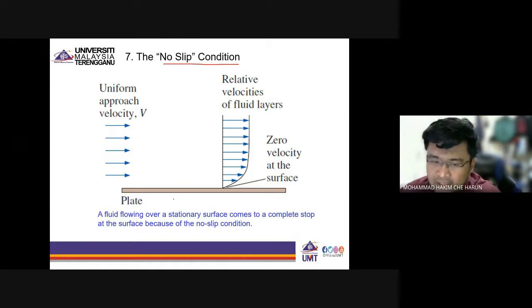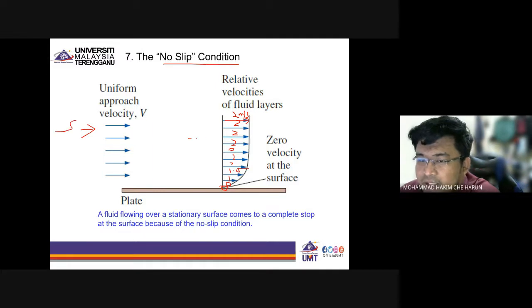No slip means a fluid flowing over a stationary surface comes to a complete stop at the surface because of the no slip condition. Look here, zero velocity. Here the velocity is, let's say, 2 meters per second. Still 2, then decreasing to 1.5, 1, and here it's not zero. This is among the assumptions given in the no slip condition. Uniform, at first it's a uniform approach velocity, but it stops here.